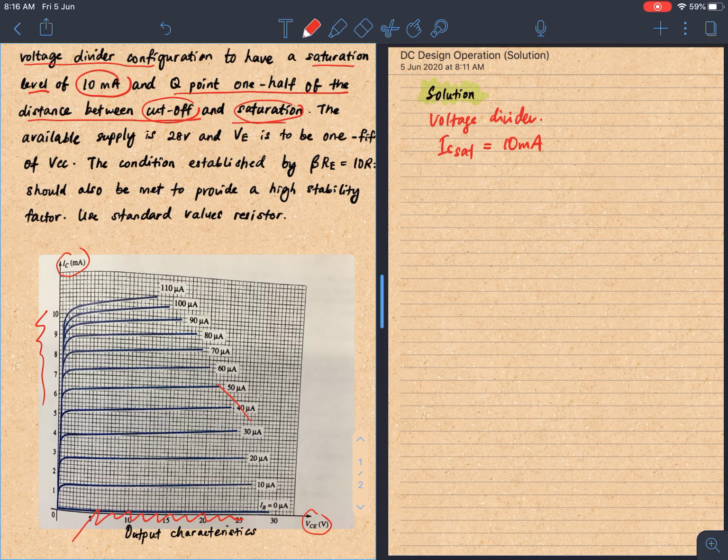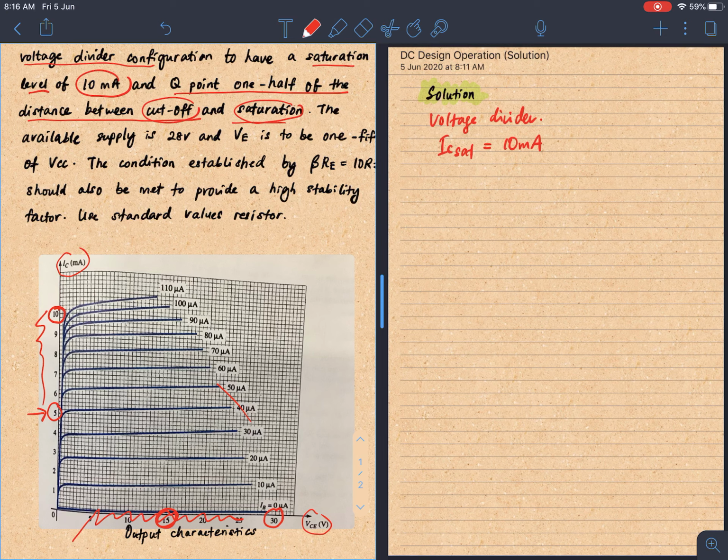So we see that the IC saturation is at 10. You can see in this graph, the maximum value here is 30 for the cutoff. So we take half of each. So 10 becomes 5 here, and 30 becomes 15 for the VCE.